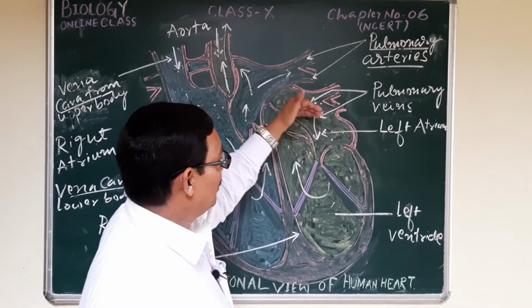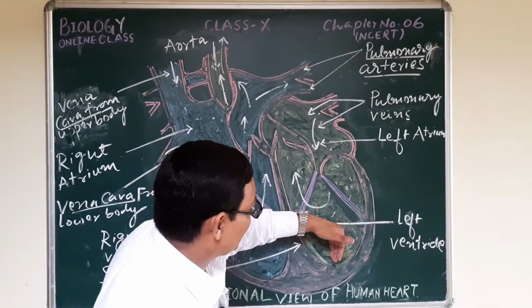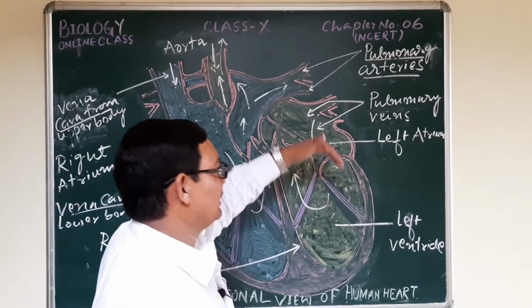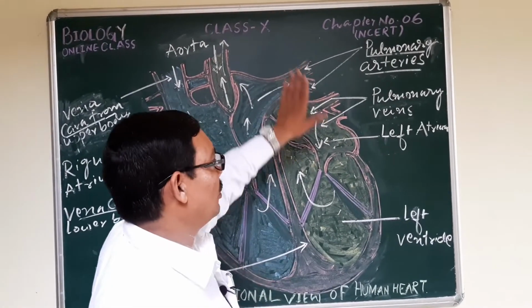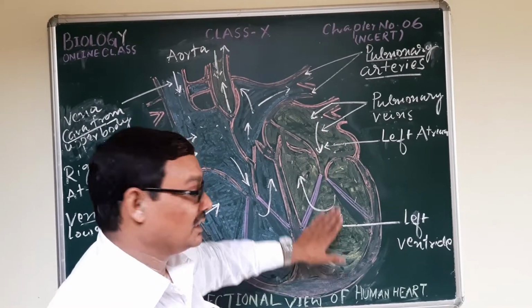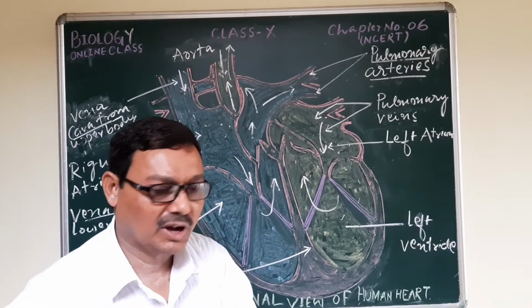From the left auricle it will go to the left ventricle, but between the left auricle and left ventricle there is a valve which prevents backflow of the blood. What is the name of that valve? The name of that valve is the bicuspid or mitral valve.